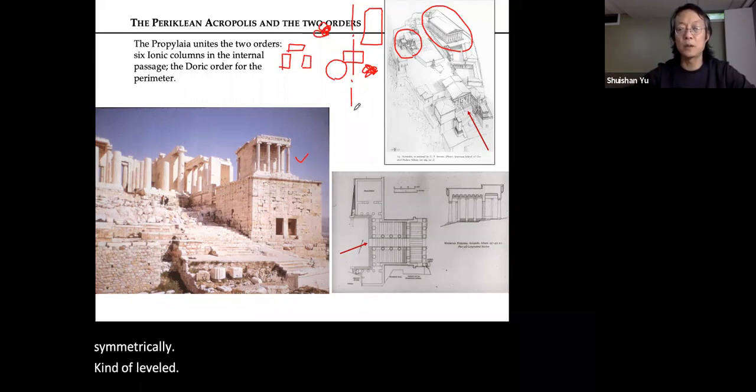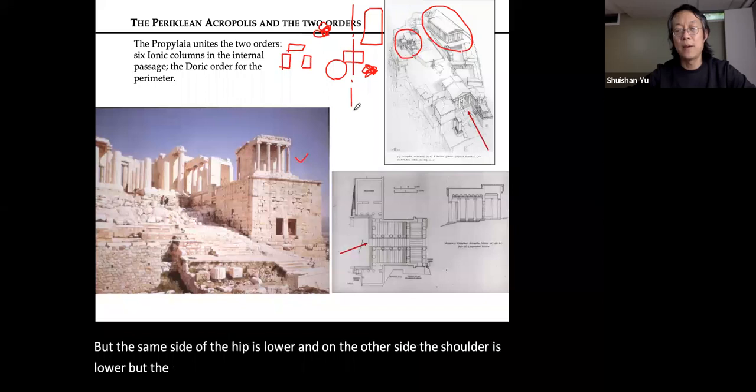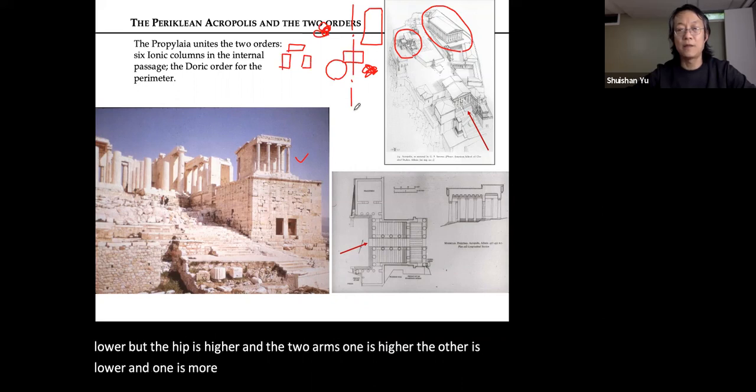But in a contrapposto human figure, one shoulder is up, but on the same side, the hip is lower. And on the other side, the shoulder is lower, but the hip is higher. And of the two arms, one is higher, the other is lower, and one is more front, another is on the side of the body.